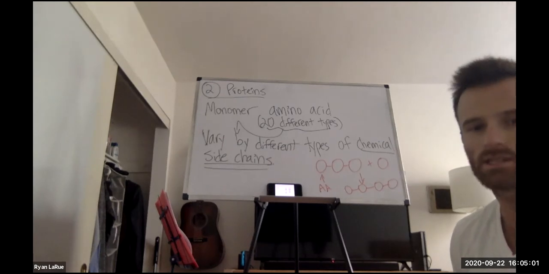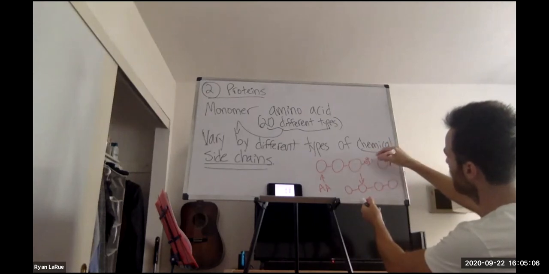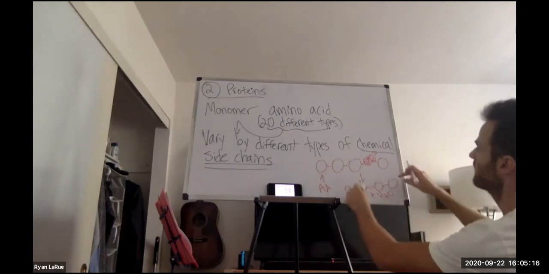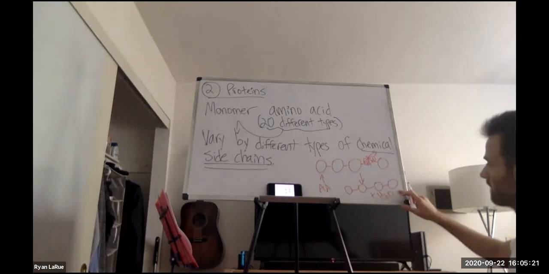Right, dehydration synthesis. So I'd have an OH and an H. They would pop off, and water would come off and form as a byproduct, and we link together this additional amino acid, exactly.